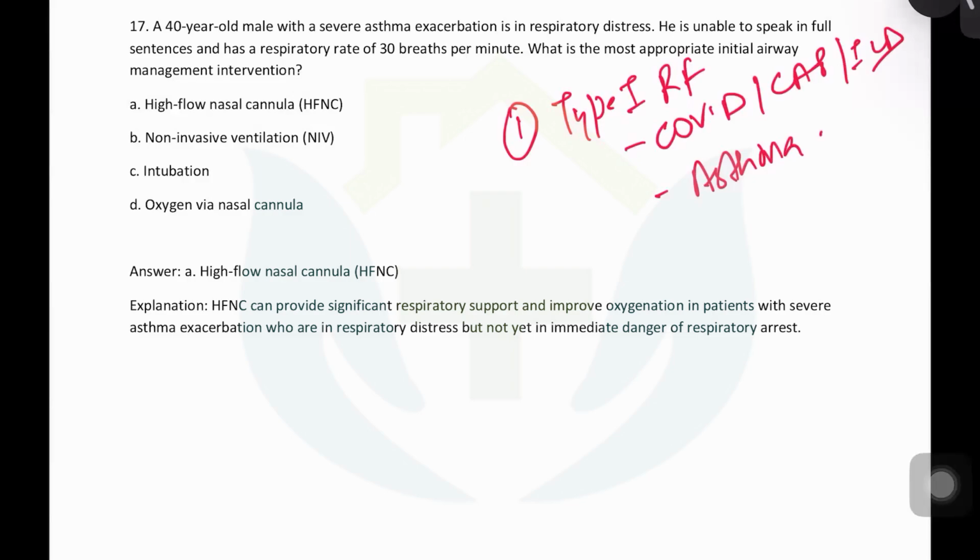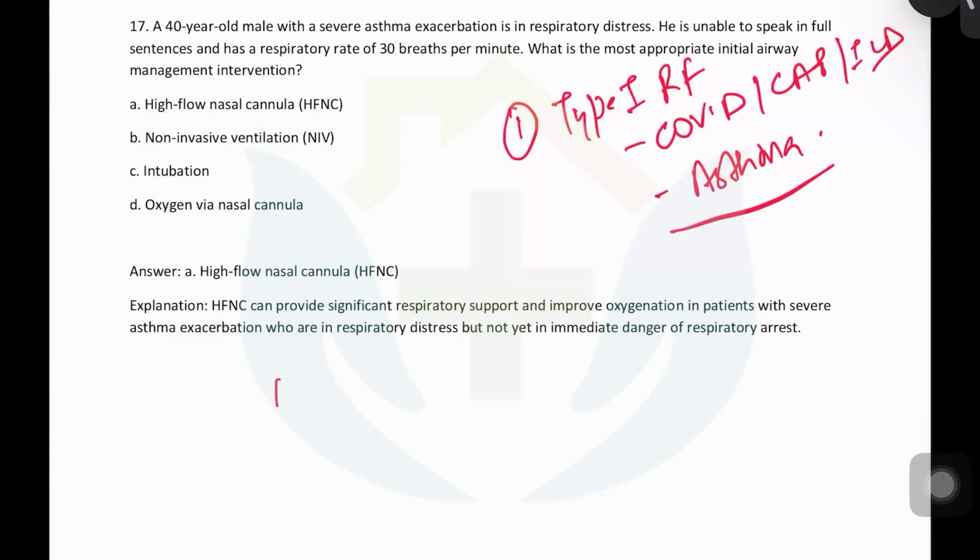So these are very important indications. Otherwise, other indications are extubation and pre-intubation situations, or where you do not want to intubate, or DNR is there, like do not resuscitate orders. Otherwise, it is an excellent device, this HFNC.